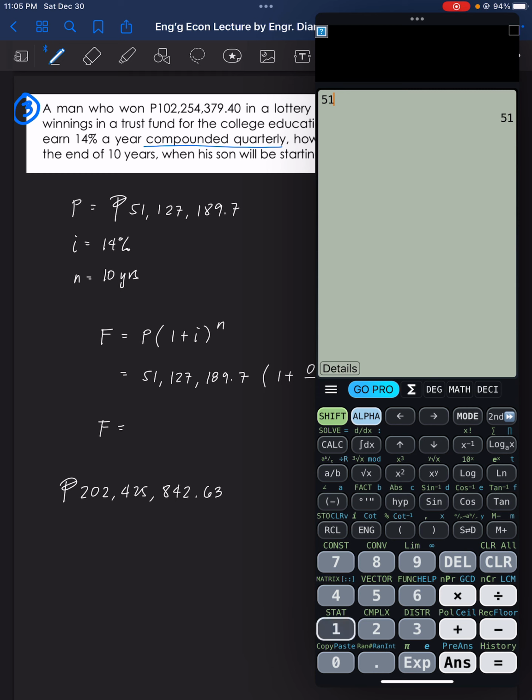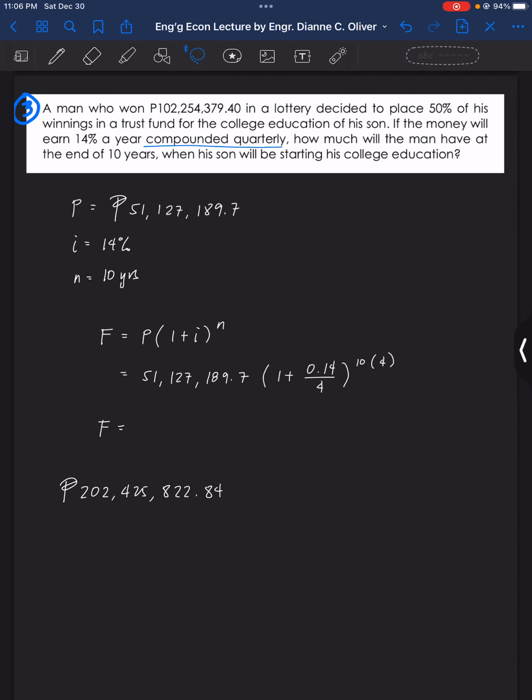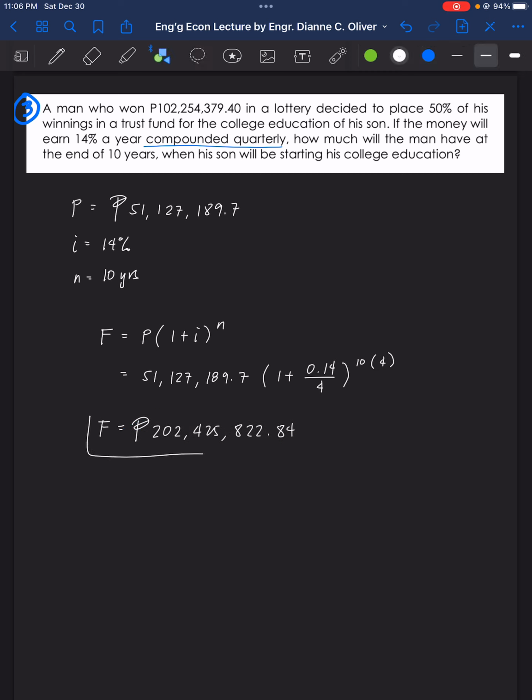So 51,127,189.7 times 1 plus 0.14 over 4 raised to 40 gives 202,425,822.84. Okay, so this is the future amount in 10 years. So that's for problem number 3.